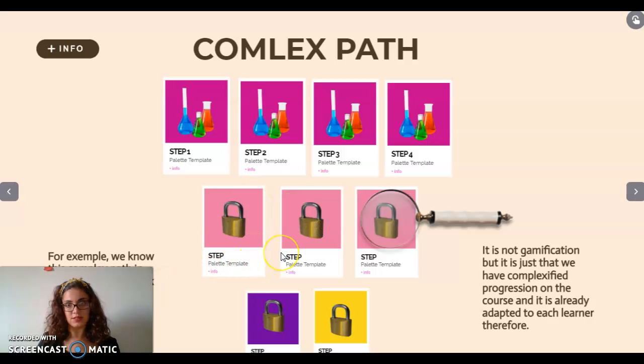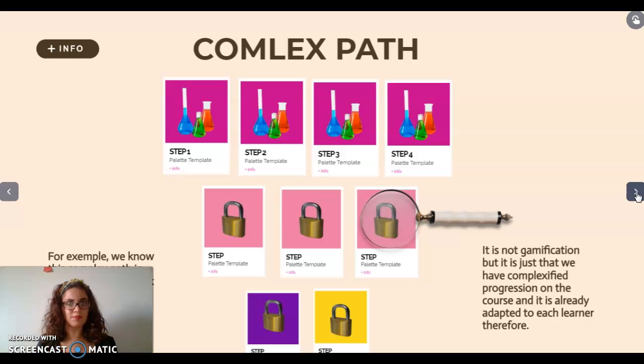It's like video games, we can say, because it's not really gamification, but we have a complexified progression in the course, and it is already adapted to each learner.